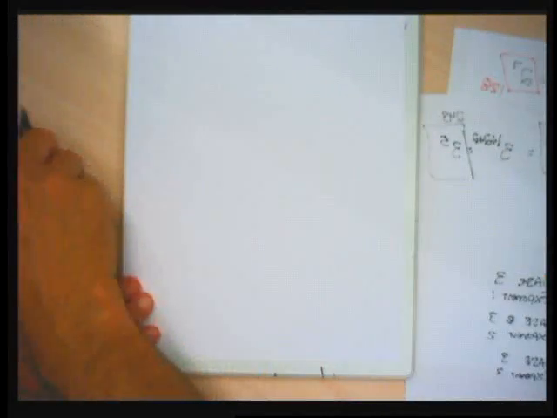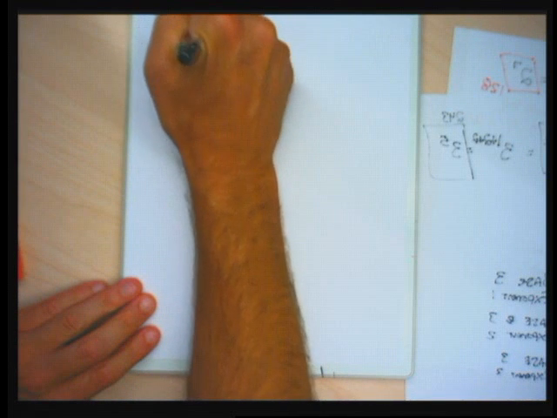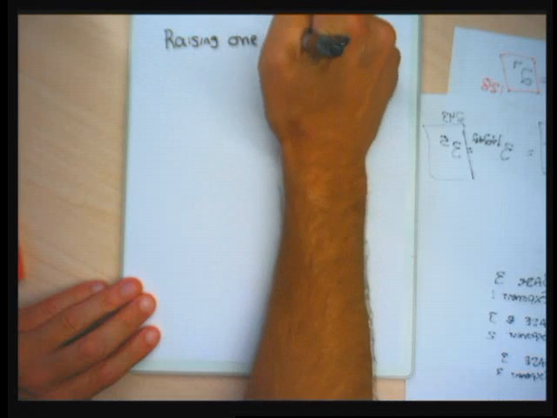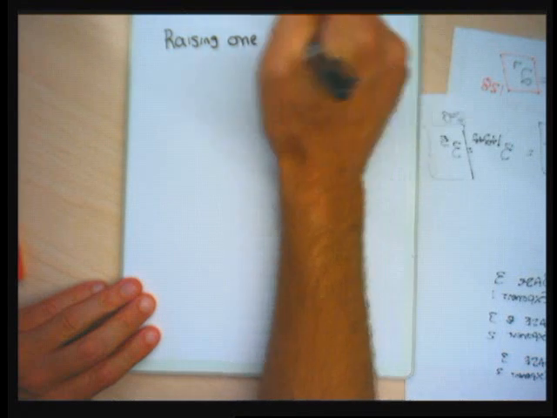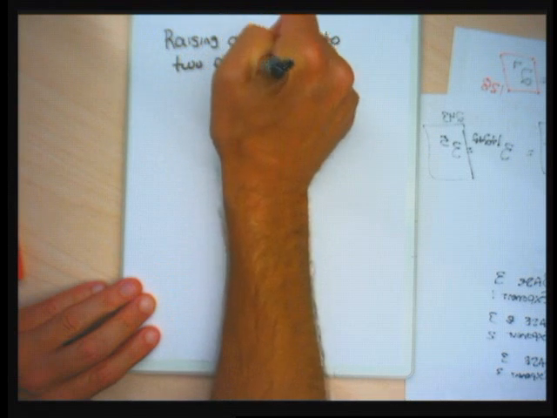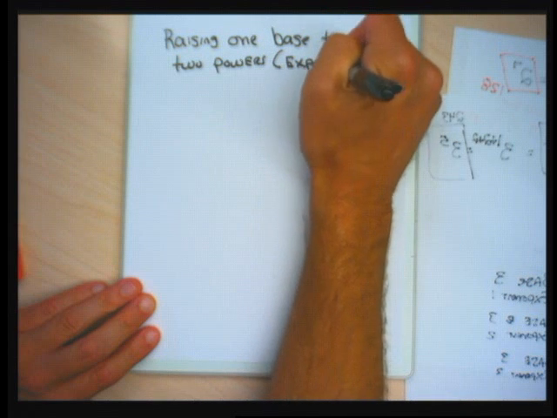The second of the 3 rules, I'll do it with numbers first. It's raising one base to 2 powers, or 2 exponents. Powers and exponents I can use interchangeably in this chapter.